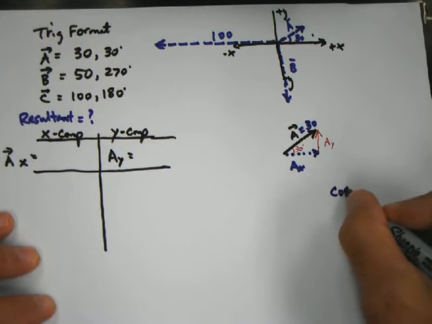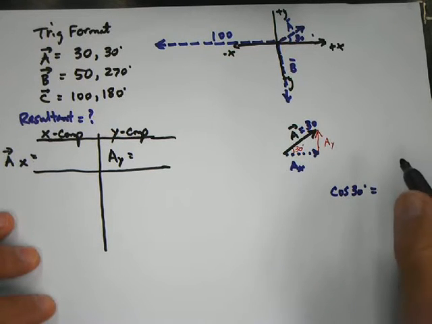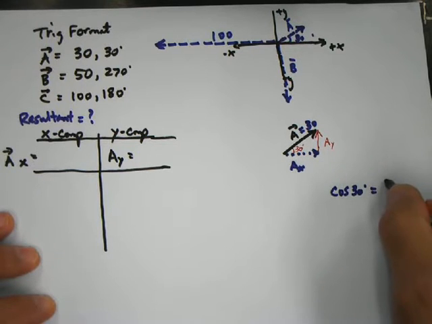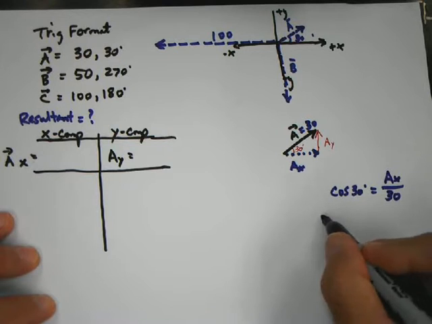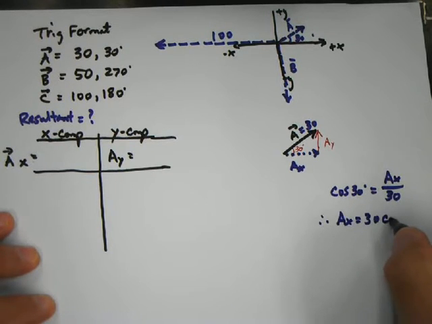Remember, cosine of 30 degrees is equal to the adjacent side over the hypotenuse. So that'd be A sub x over 30 meters per second. Okay, if we want to find A sub x, just use your algebra. Therefore, A sub x is going to be equal to 30 times the cosine of 30 degrees.